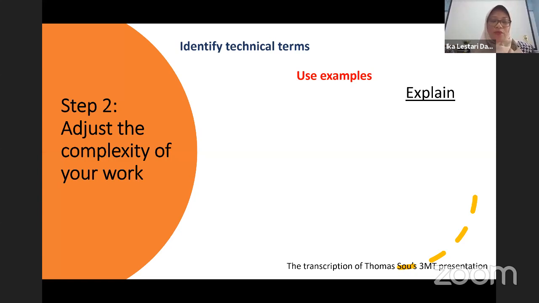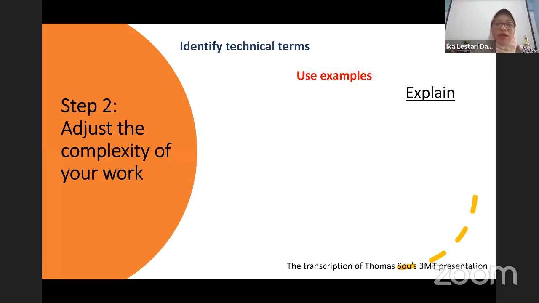Now, step 2. After you outline and time your presentation, you need to look at your slides again. See where you need to adjust the complexity of your work. As I mentioned earlier, when we talk about our field, we are comfortable using lots of technical terms.